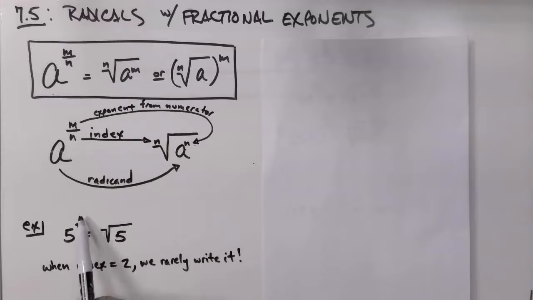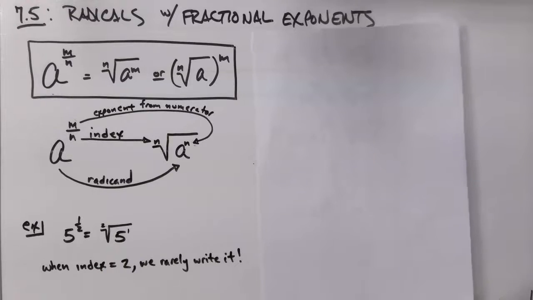Now, the numerator being 1, that's 1 we don't write. So this is kind of a unique question. There's 2 values from the fractional exponent that are not written in the radical expression because they're implied. It can always be confusing when terms are implied versus explicitly written. So we could tweak this very quickly, and we could say, well, I'm going to actually put a 2 there and a 1 there. That'd be more complete.